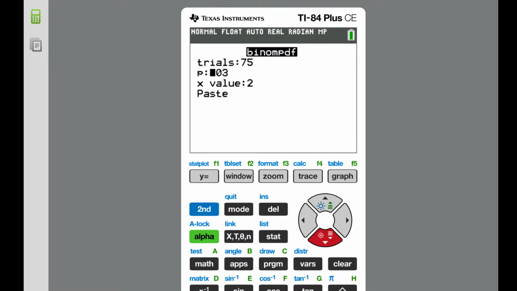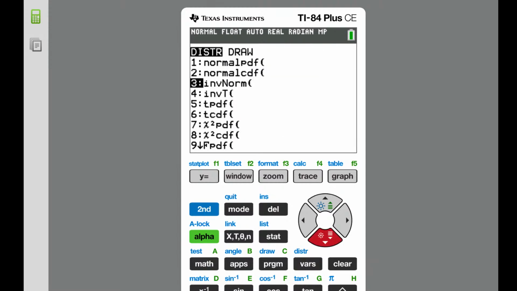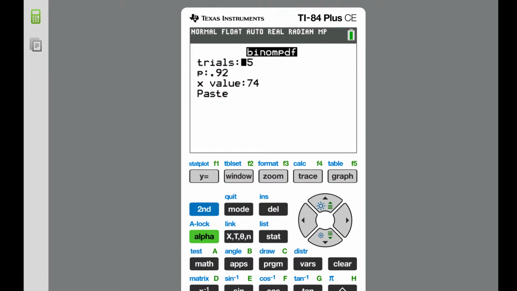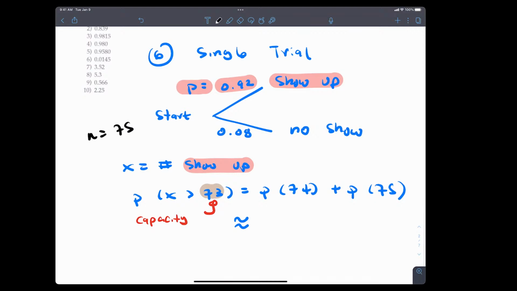Probability of showing up again is 0.92, little p. And then we want x is 74. So this is the probability 74 people show. And we're going to add that to the probability 75 people show. Change your x now to 75. Let's paste that. So P74 plus P75.